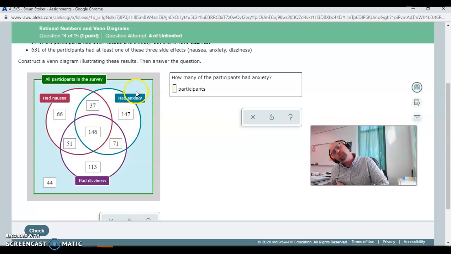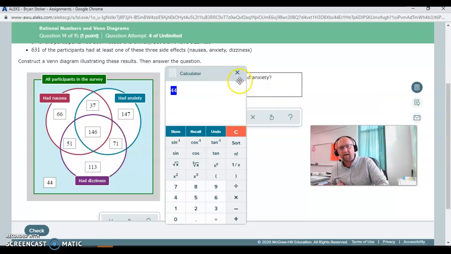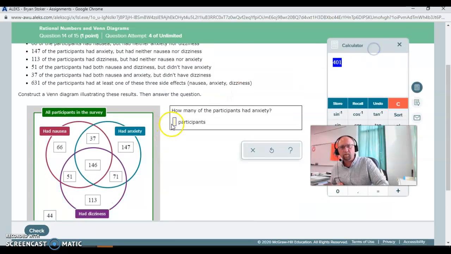I look at the anxiety circle and add these 4 numbers together, 147, 71, 146, and 37, because they all had anxiety. Just some of them had other side effects besides that. So 147 plus 71 plus 146 plus 37 is 401.